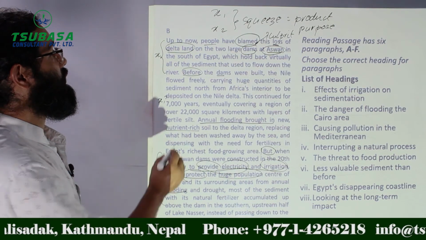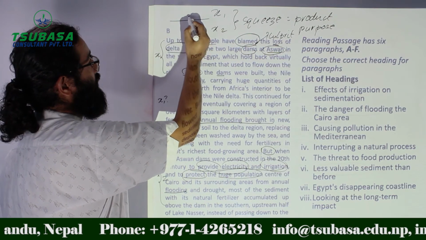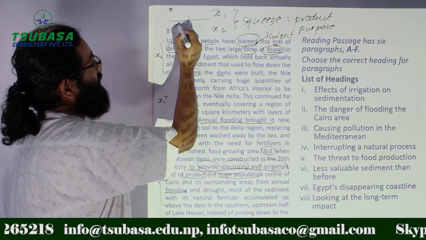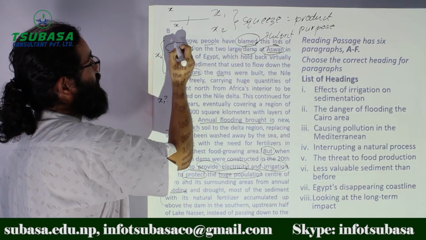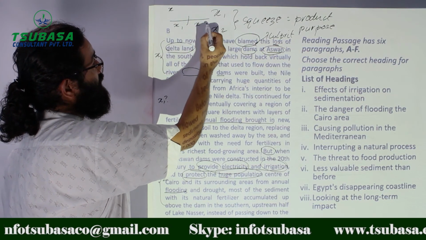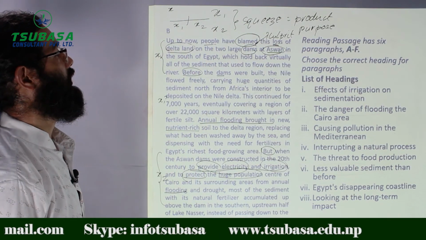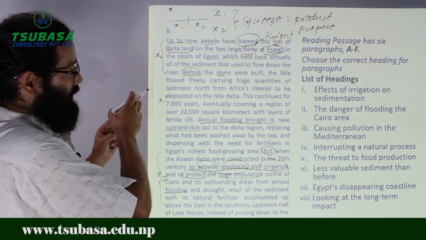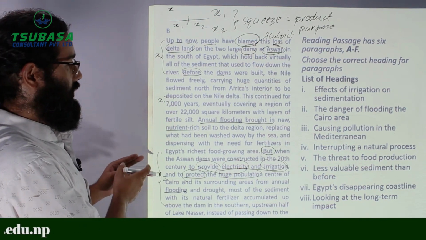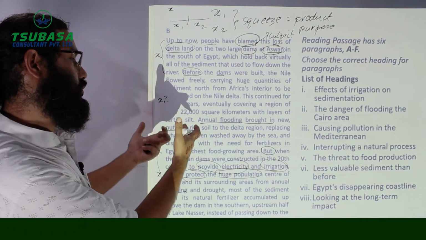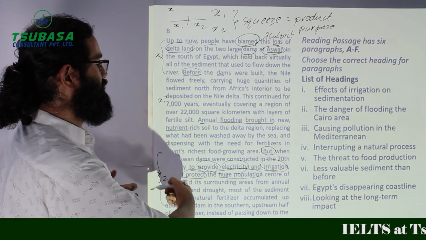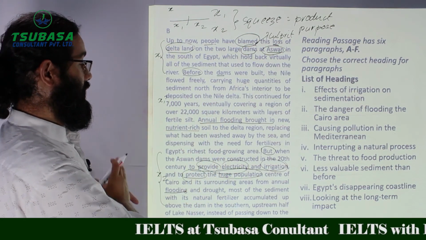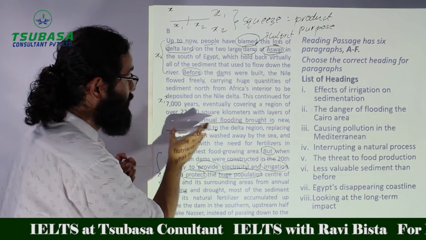Now this is quite interesting. Let's say this is the X1 situation, this is the X2 situation. Now X1 is before the dam was built. What happened was the natural process was continuing, soils were replenished, even if the flooding took away this, it would again replace the nutrient-rich soil.